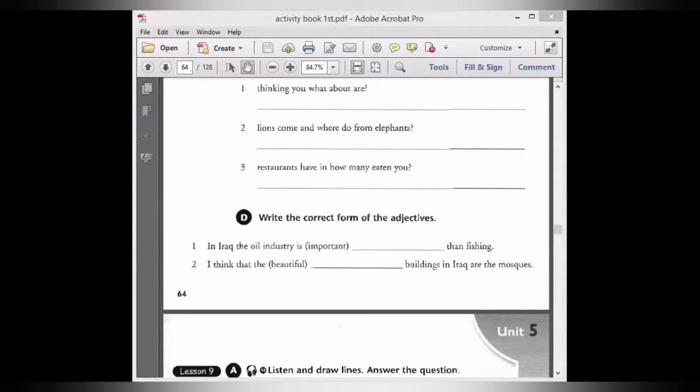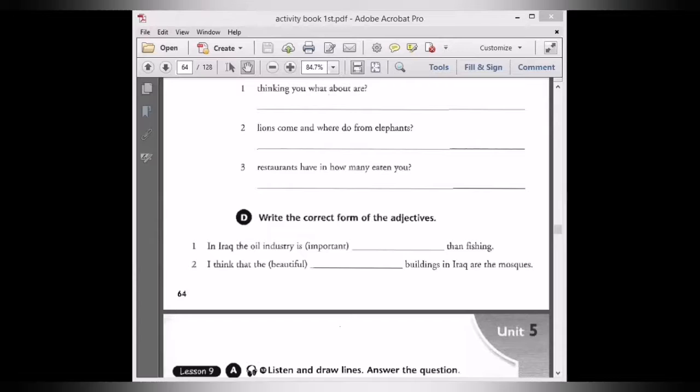Because we are trying to compare, for example, the mosques with the whole group which they belong to, which is buildings. So here we should use the superlative adjective, and we should say, now, tell me your answer now.